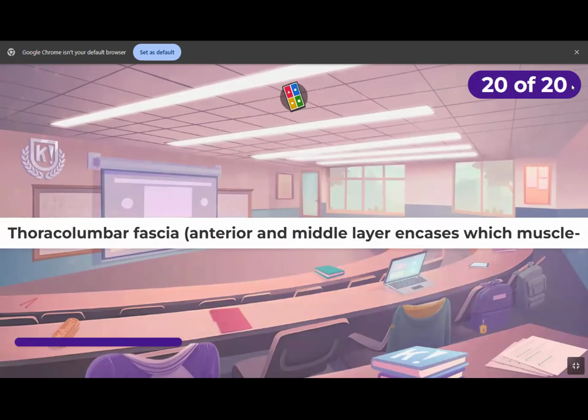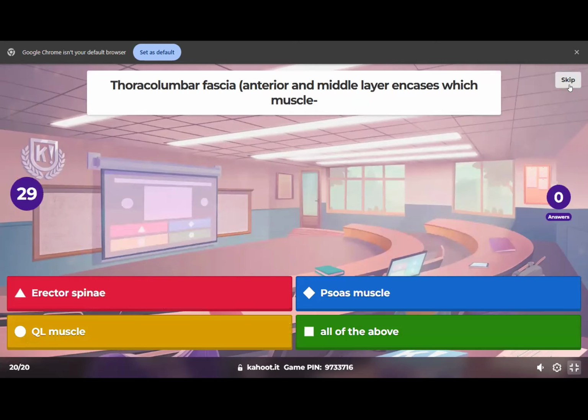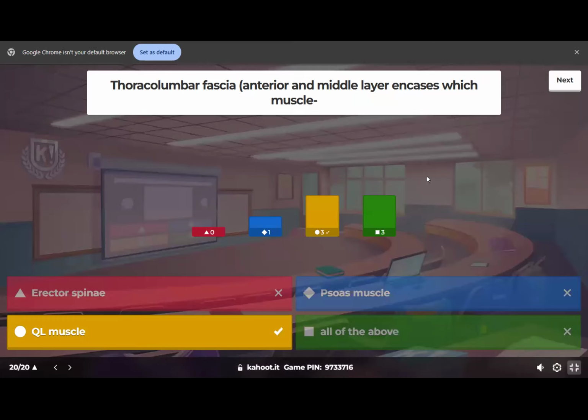Last question. The correct answer is QL muscle.